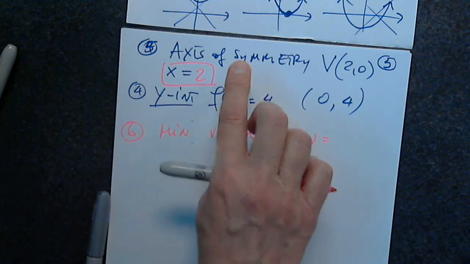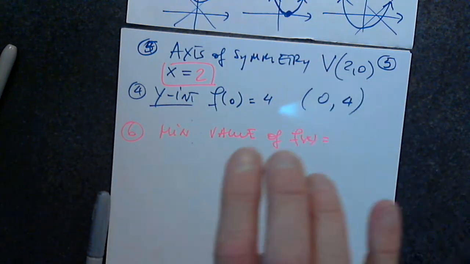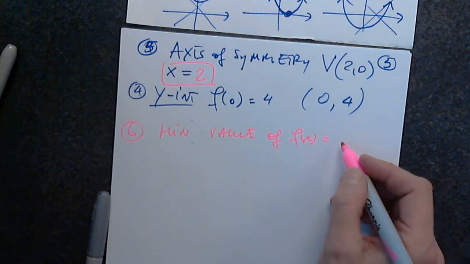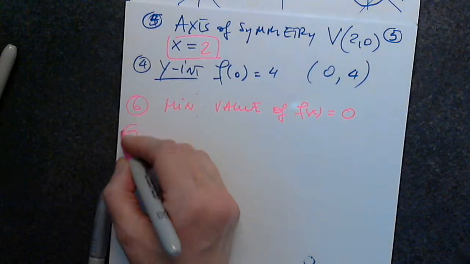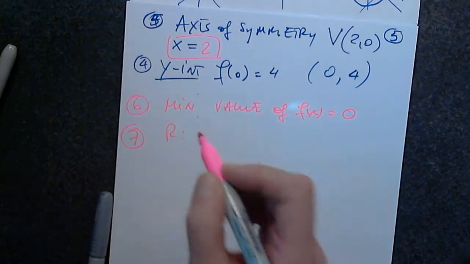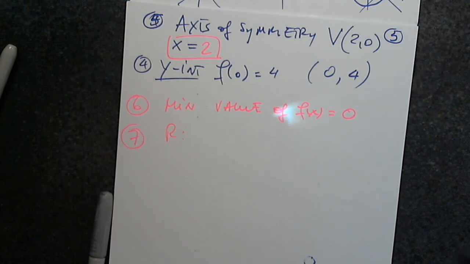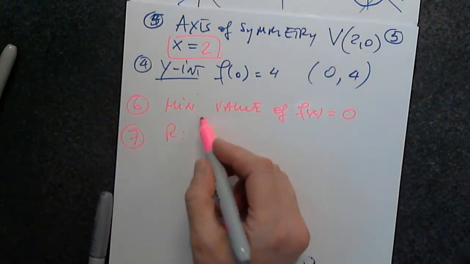Both the axis of symmetry and the min or max value come from the vertex. So then the minimum value is 0. Number 7, we haven't even graphed it, but we have a picture in our mind. So the range is y greater than or equal to 0. That's it.